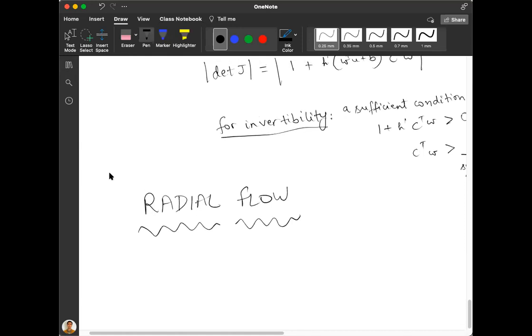Okay, so radial flow. What is a radial flow? It also has a form, just like we had for planar flow.